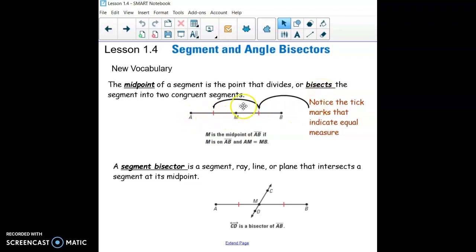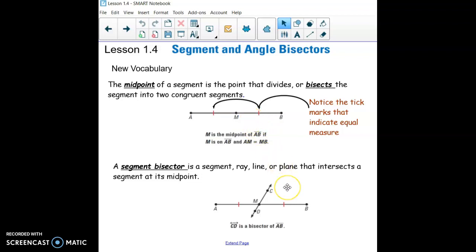Notice, segment AB has a midpoint of M, and it has been bisected into two congruent segments. So we say that M is the midpoint of AB, M is on AB, and the length of AM is equal to the length of MB. Notice the tick marks, they indicate equal measure.